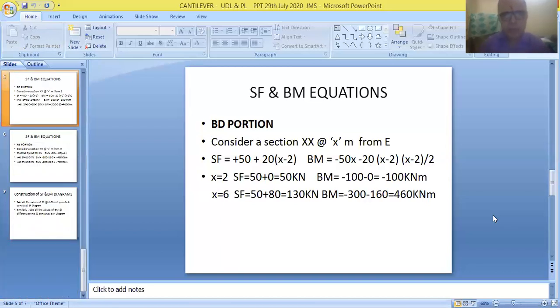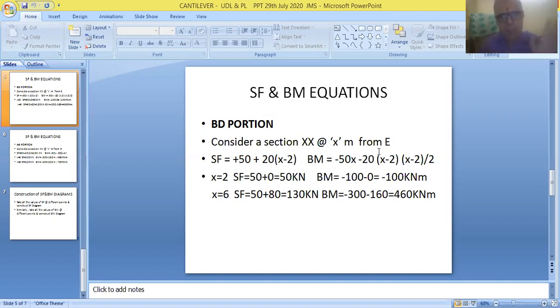So now we are coming to BD portion. Again, for each and every portion we have to consider a section XX at a distance of x meter from the free end of the beam. So whether you are doing DE portion or BD portion or AB portion, this x meter must be taken from the free end of the beam.